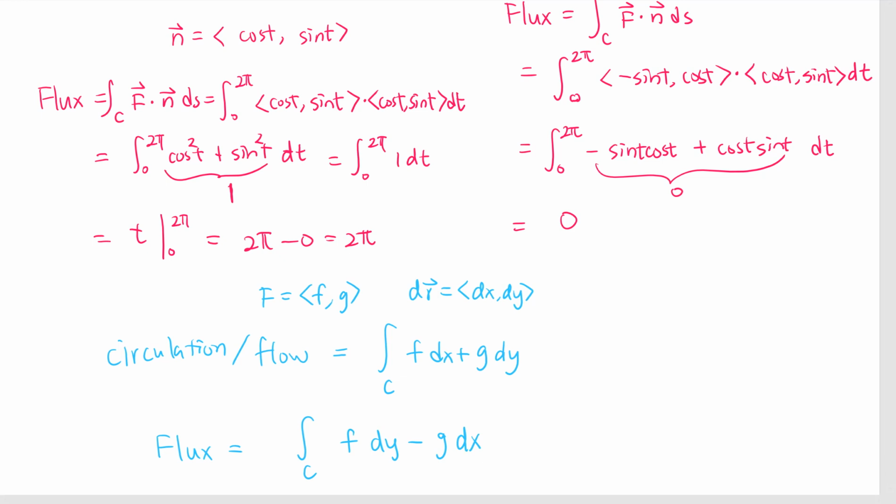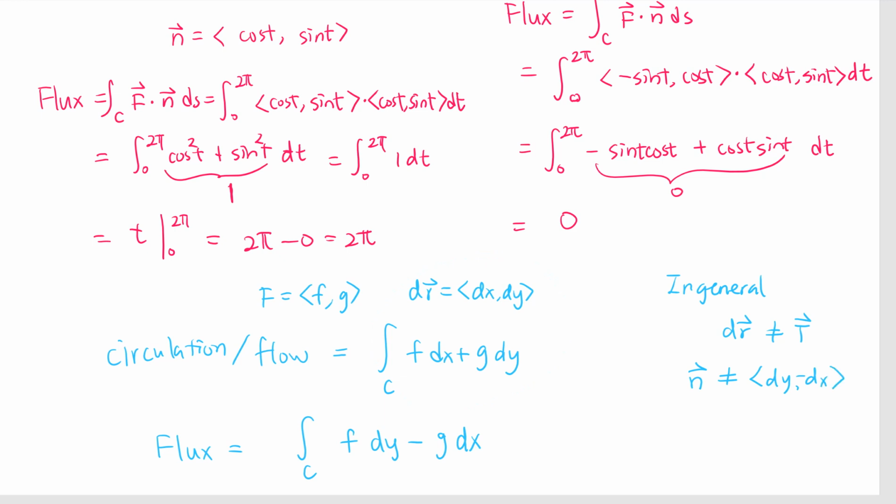And in general, dr is not the unit tangent T, so be careful with that. So I would suggest you use this formula. And in general, n is not (dy, minus dx).